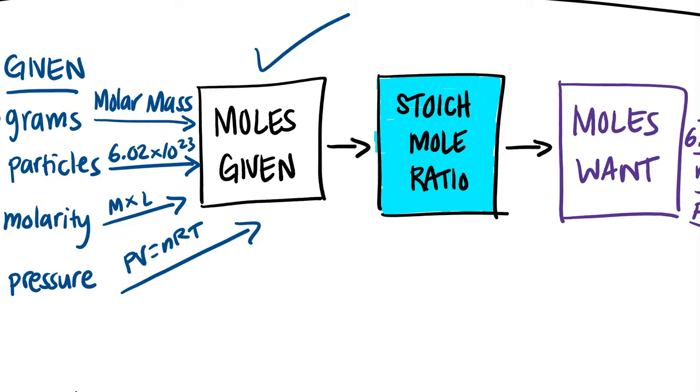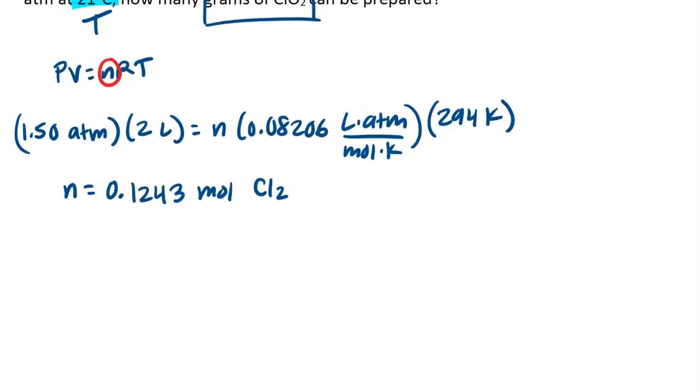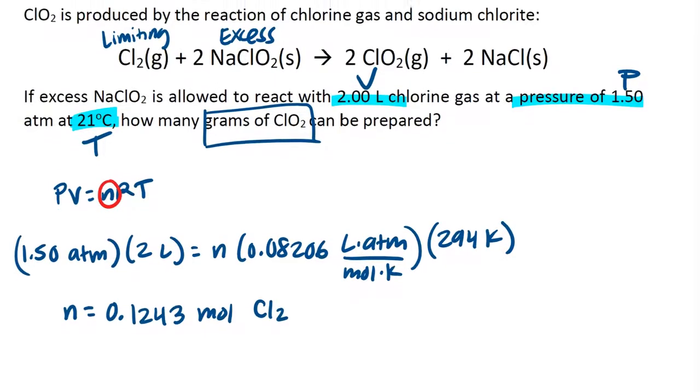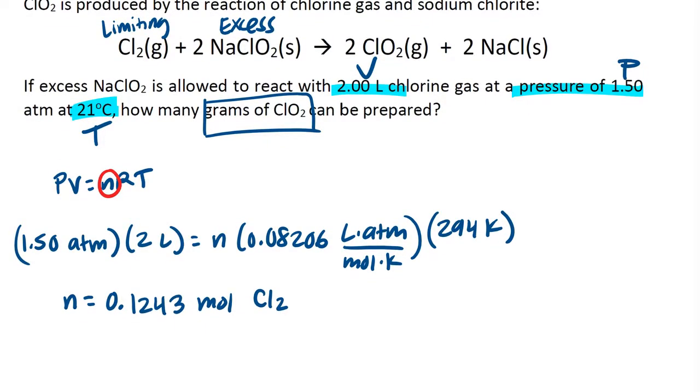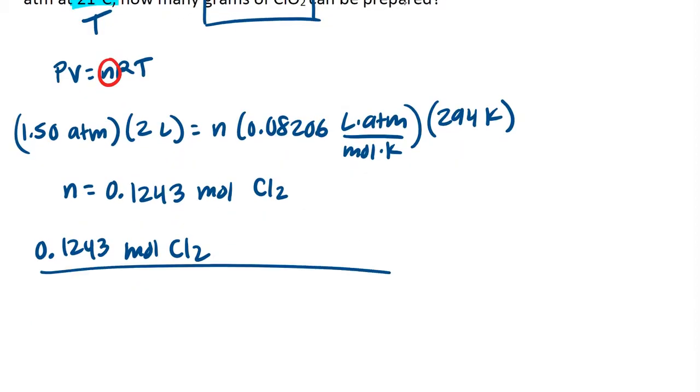Now it is time for this step, convert into moles of the want by using the mole ratio here. All right, so we are going to take our moles of chlorine and convert that to moles of our wanted product using stoichiometry and that balanced equation.